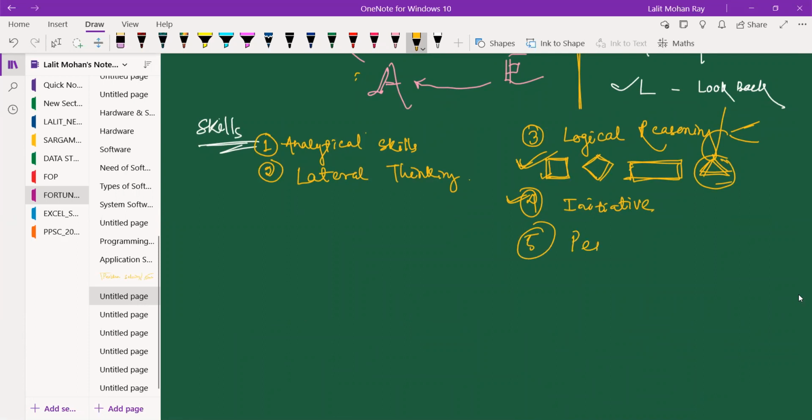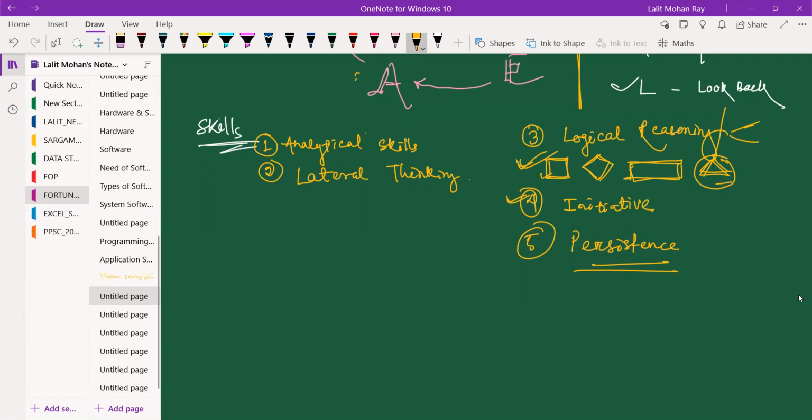Number 5 is persistence. That means stick to it. Whichever method you are using, you have to stick to it.